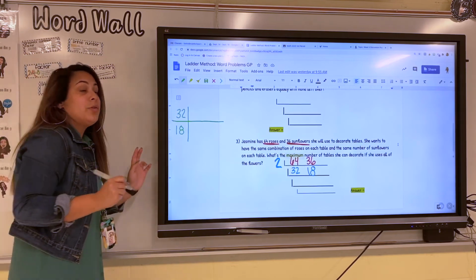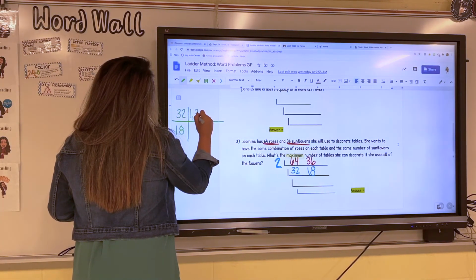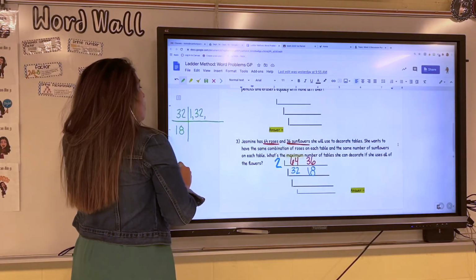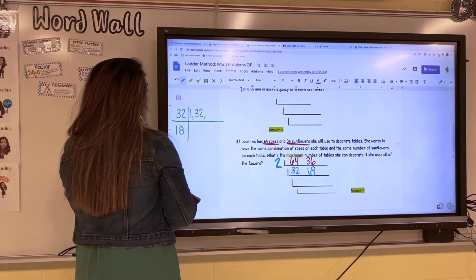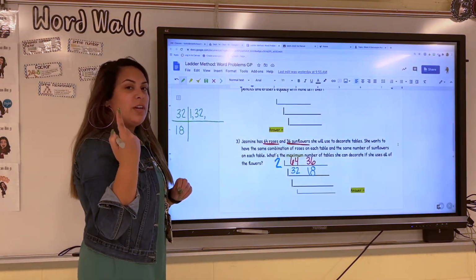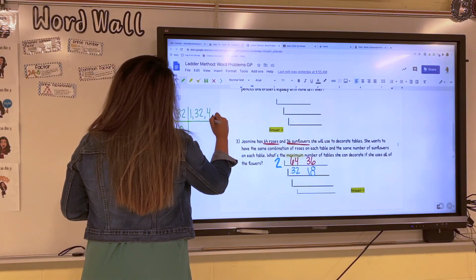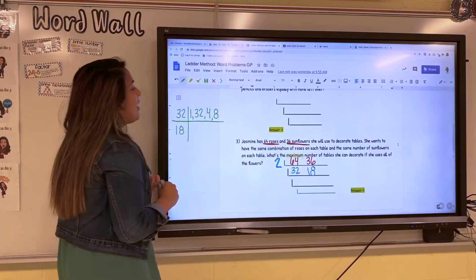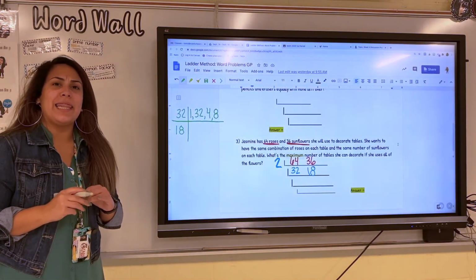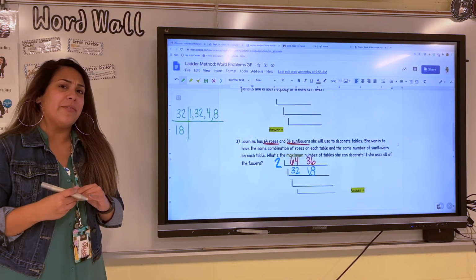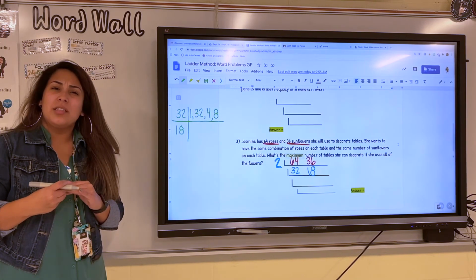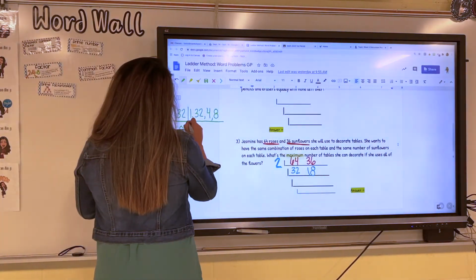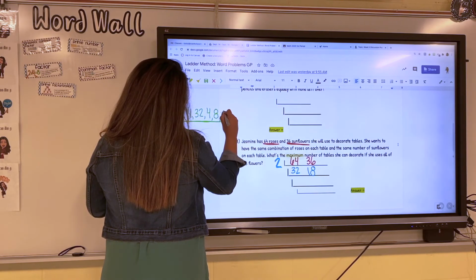I'm going to be easy. I'm going to do 1 and 32, because why not? Another one that most of us really know very well is 4 and 8. And then one factor set that some people may not know off the top of their head, and I don't expect y'all to know it right now, would be 2 and 16.